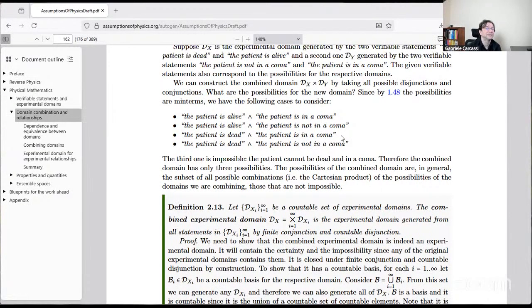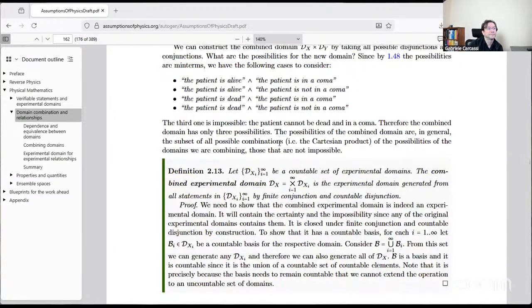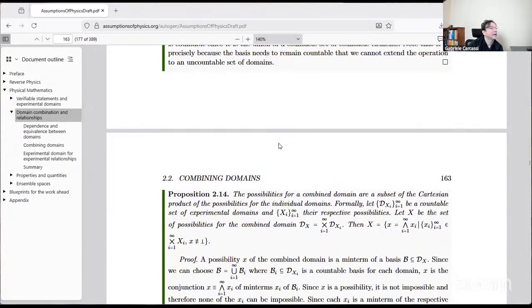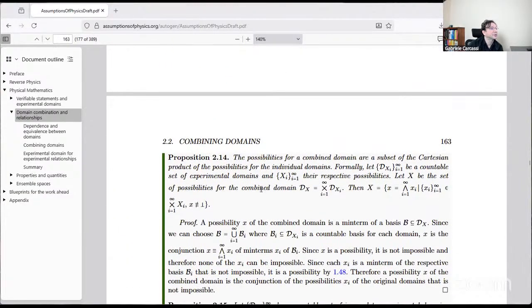So the point is that the conjunction of two statements between two different experimental domains exists only in the context. It doesn't exist in the domain itself. And then you have this proposition.